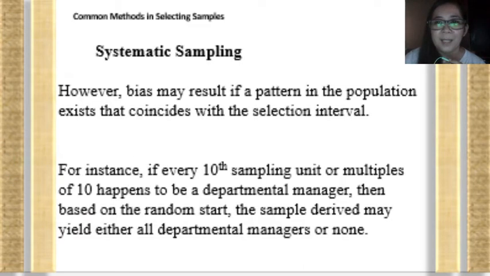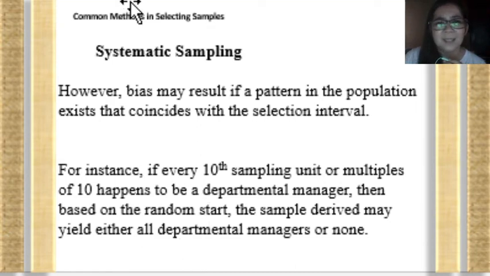So this approach usually results in a true random sample. However, bias may result if a pattern in the population exists that coincides with the selection interval, but most of the time, this is normally not happening. For instance, if every 10th sampling unit or multiples of 10 happen to be departmental managers, then based on the random start, the sample derived may yield either all departments or none.